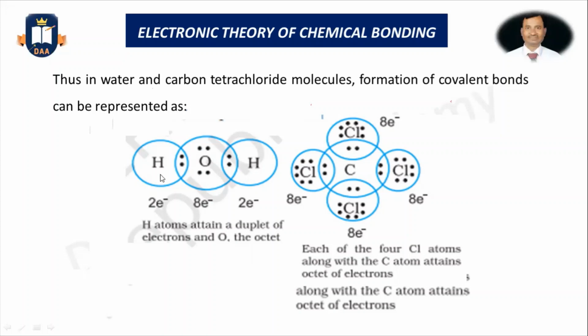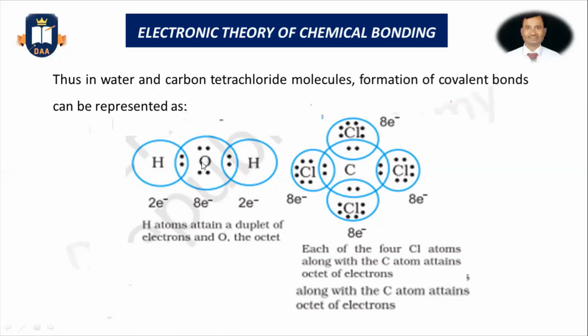For hydrogen, we know that it has only 1 shell and only 1 electron. The left side hydrogen atom shares 1 electron, and the right side hydrogen also shares 1 electron.